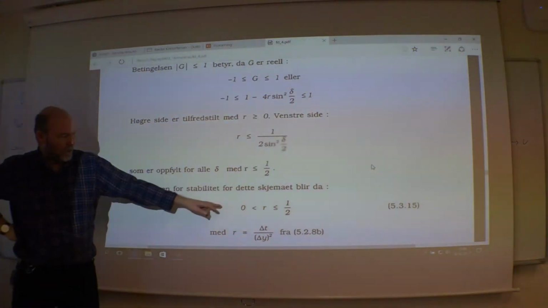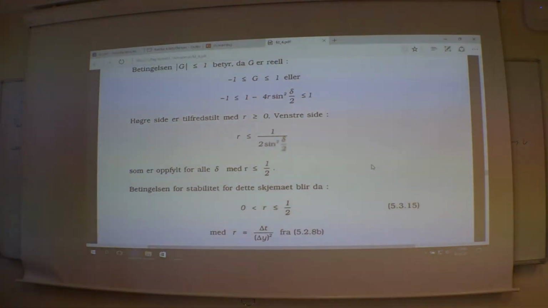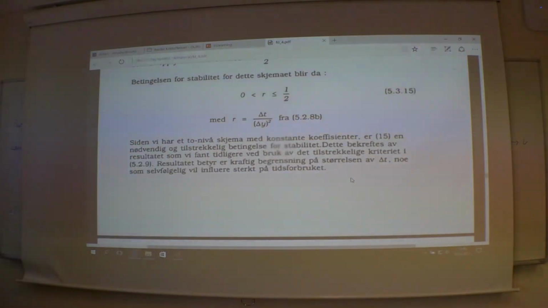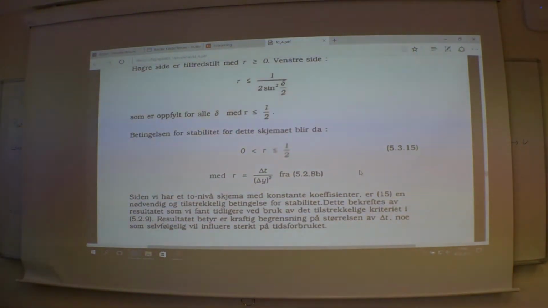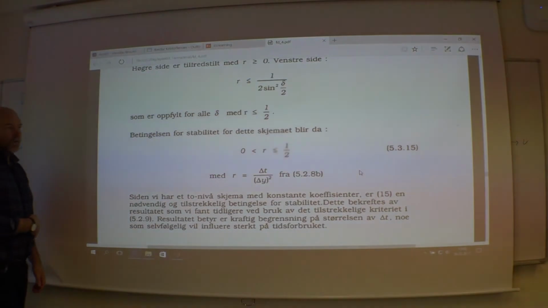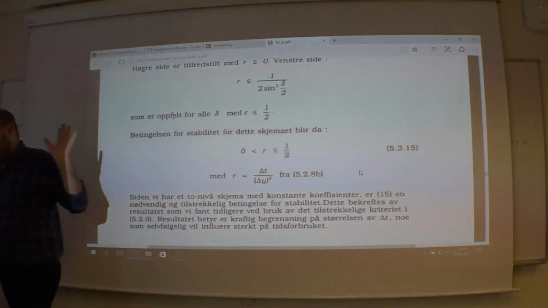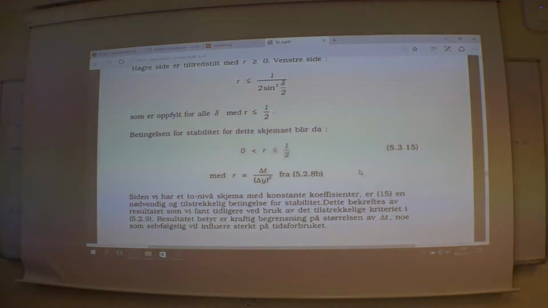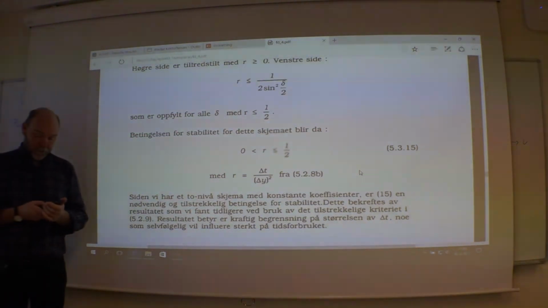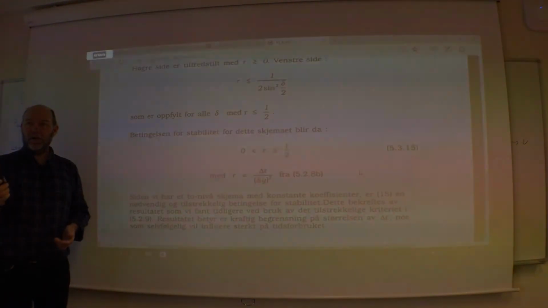Yes, so we should have this R between 0 and 1/2. So that is the demand that we get from the von Neumann stability analysis. I'm not going to require that you know this method, but you should definitely be familiar with it. Okay, R must be between 0 and 1/2.